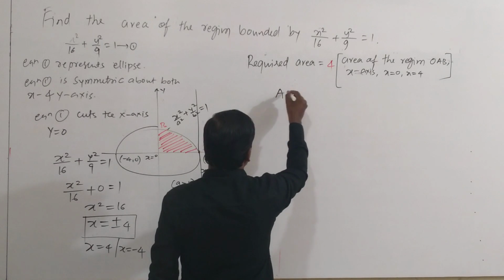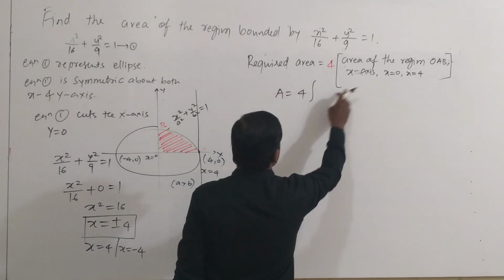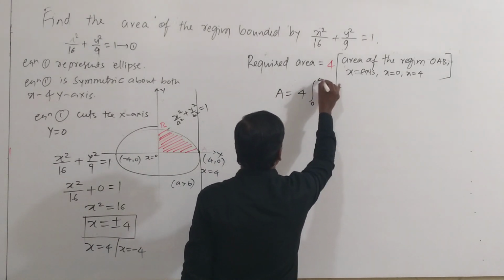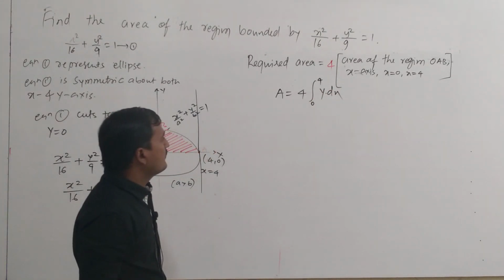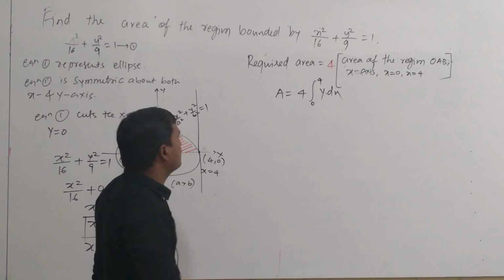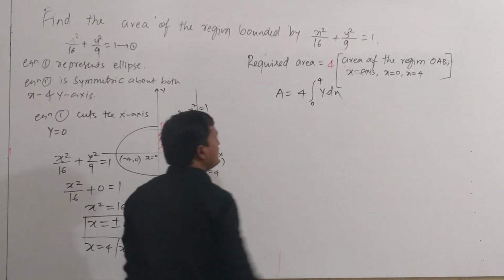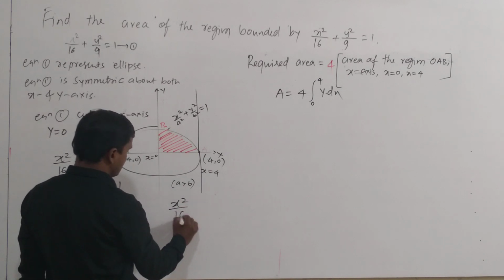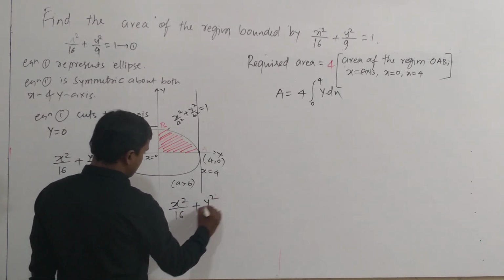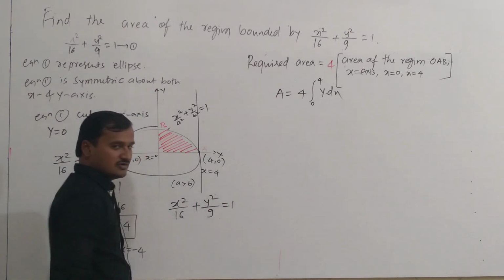So the required area is equal to 4 times the integral from 0 to 4, and clearly it lies on y, so y into dx. Now I should find the value of y. So x square divided by 16 plus y square divided by 9 is equal to 1.